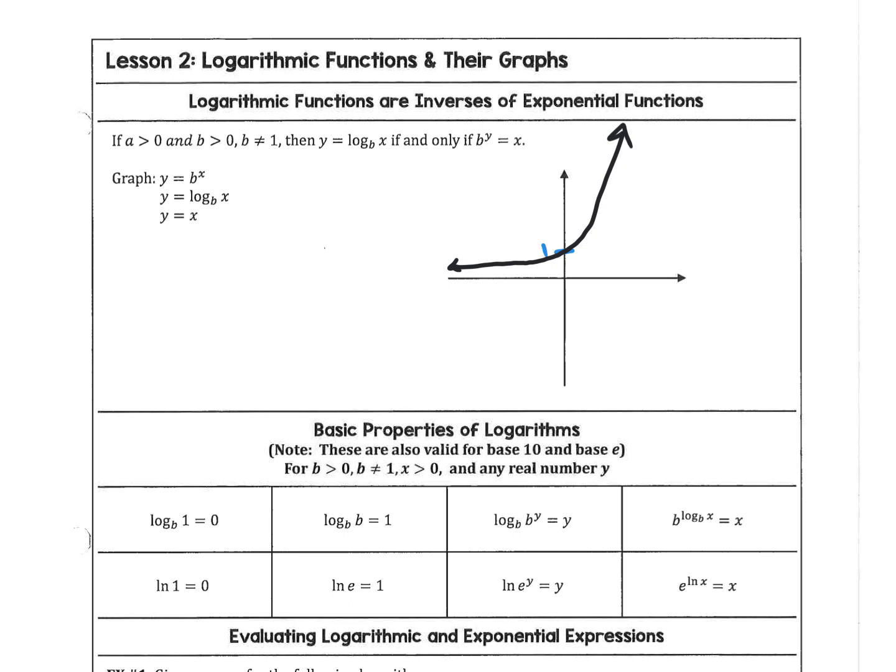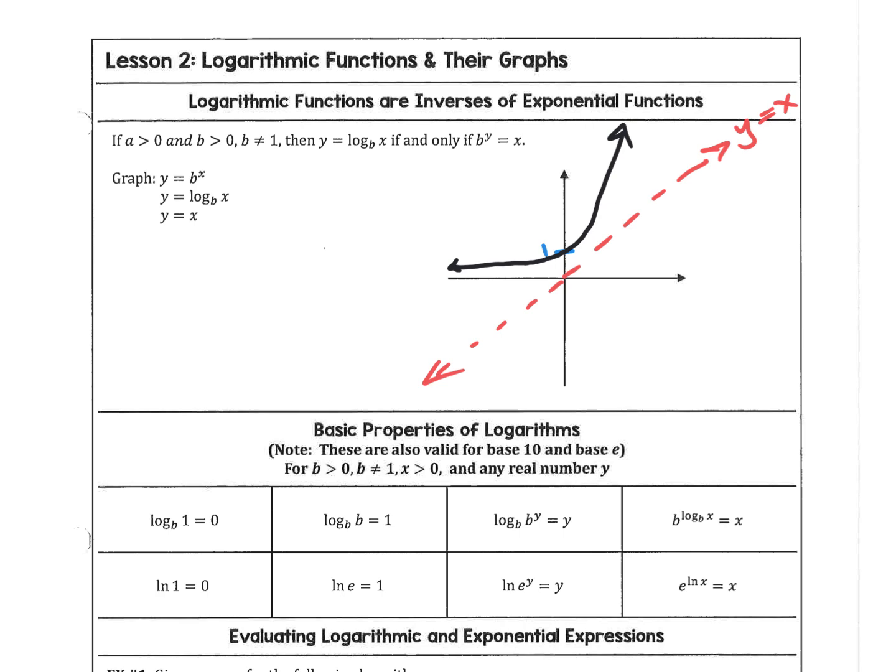Now, if something is an inverse of something else, you'll remember from when we did this that it is the reflection across the line y equals x, okay? So if we take this guy and we reflect it across that, you remember they ended up looking a little bit like a butterfly.